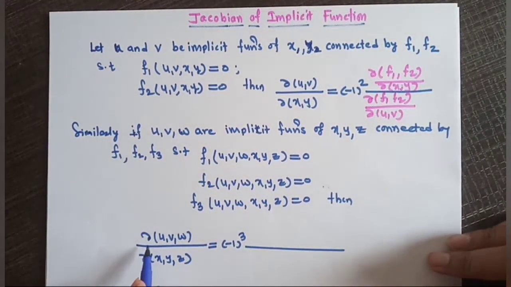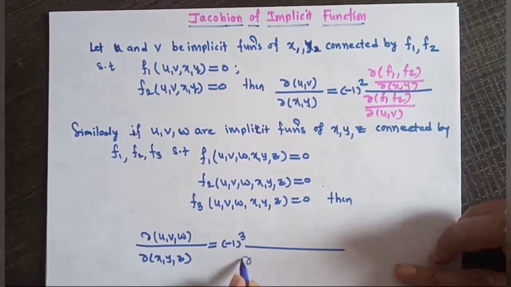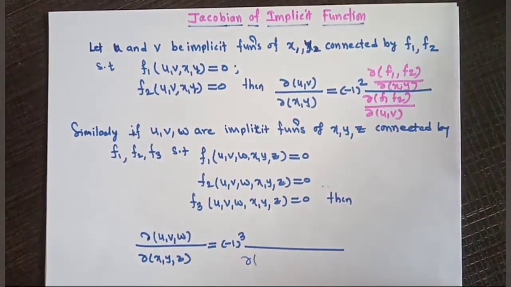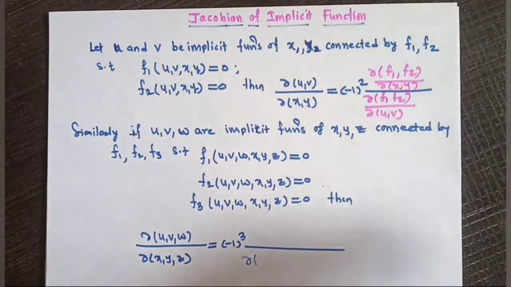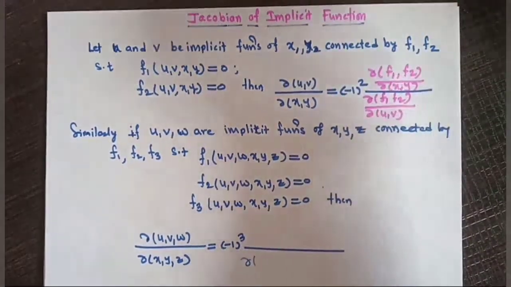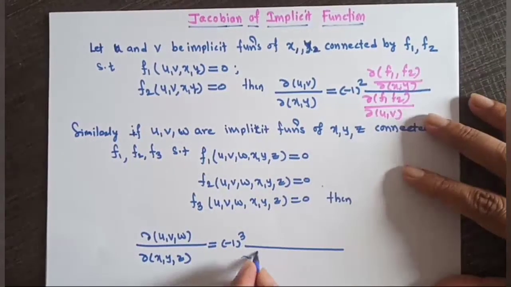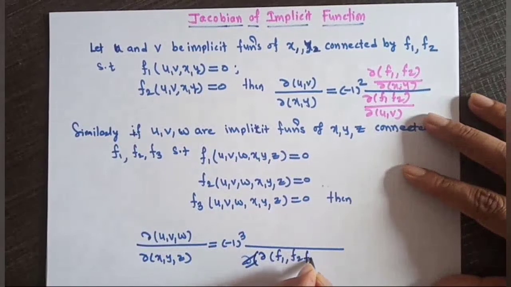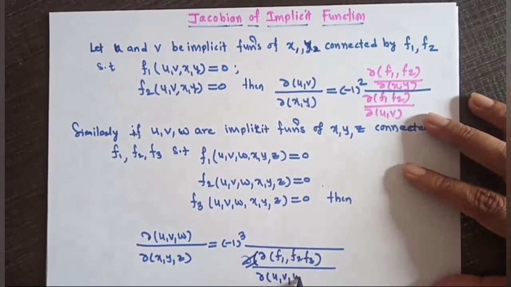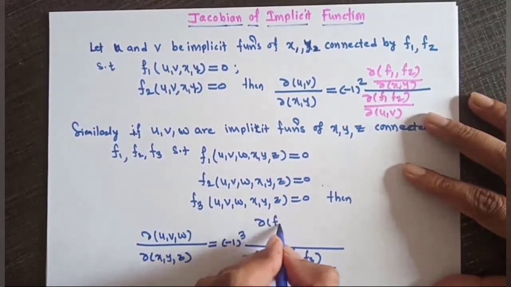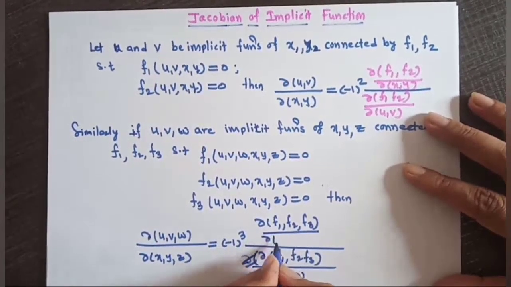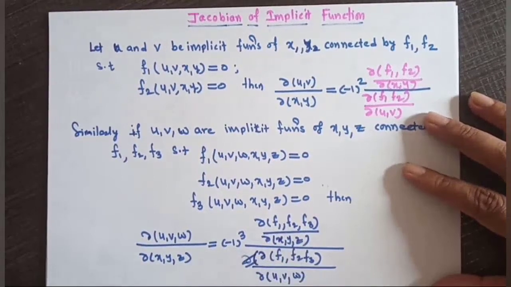Then Jacobian of u, v, w with respect to x, y, z is, first you write the denominator, Jacobian of f1, f2, f3 with respect to u, v, w, and the numerator is Jacobian of f1, f2, f3 with respect to x, y and z.